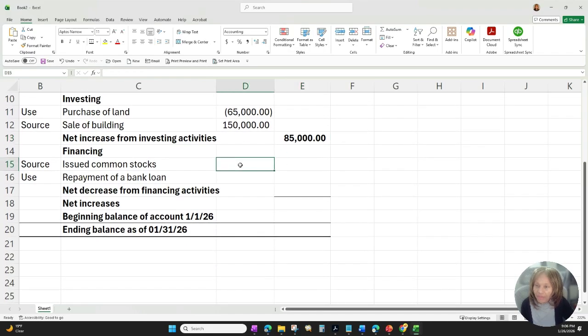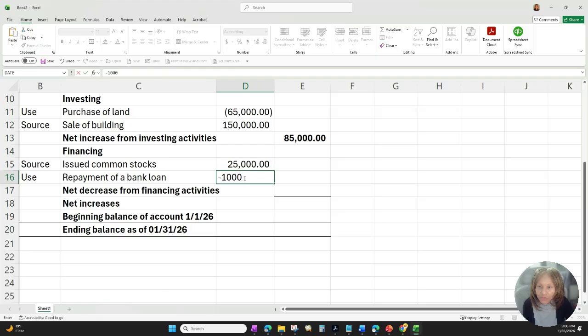In the case of the financing activities, the business issued common stocks. And again, if it issued common stocks, then cash came in, and the common stocks were $25,000. On the other hand, it repaid a bank loan. Let's just say $75,000.